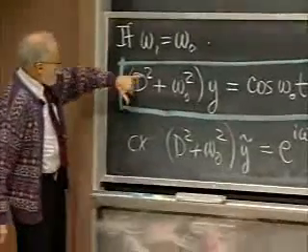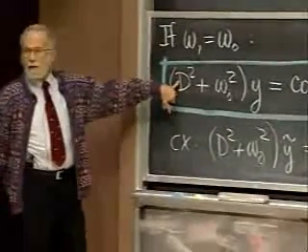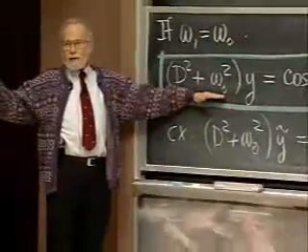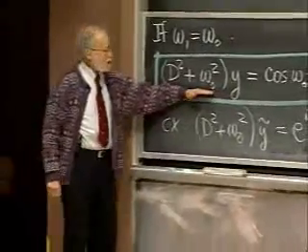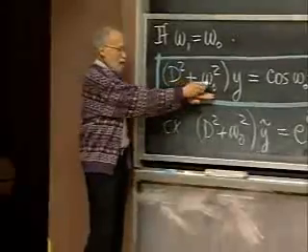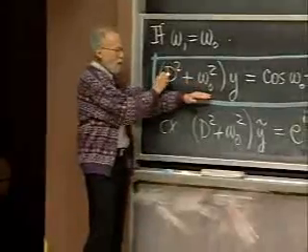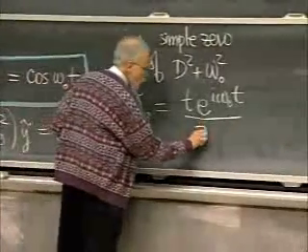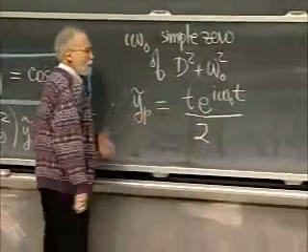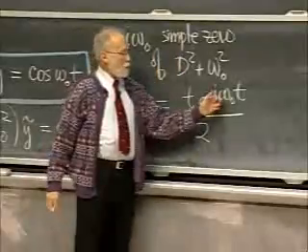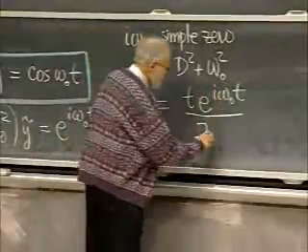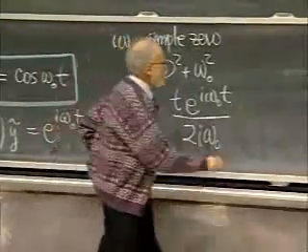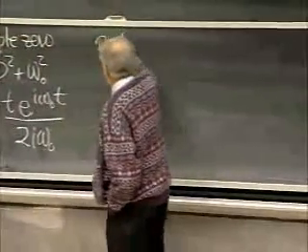Now what's P prime? P prime is 2D. If I differentiate this formally, as if D were a variable, the way you differentiate polynomials, this is a constant, and the derivative is 2D. So the denominator should have 2 times, for D, i omega naught. So it's 2i omega naught. And now I want the real part of that.